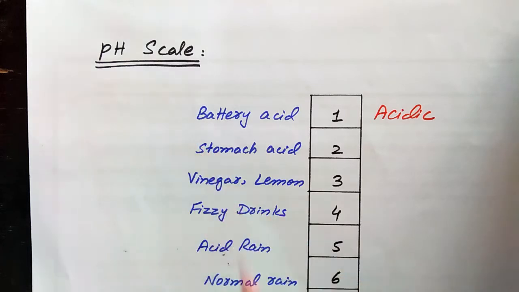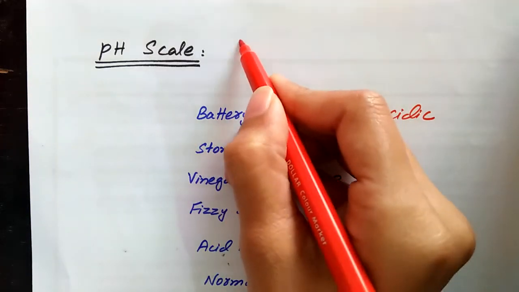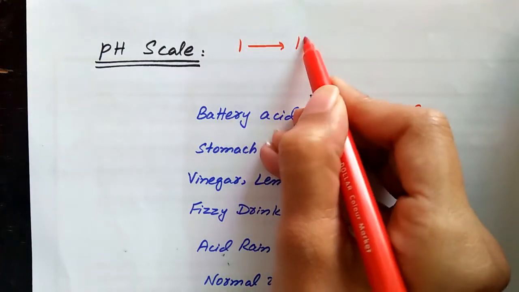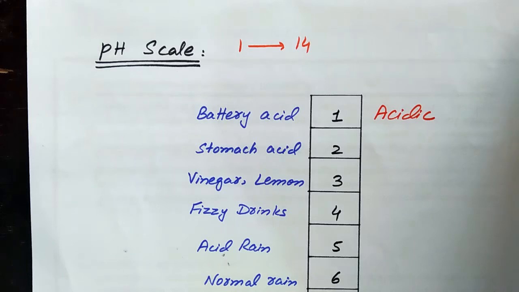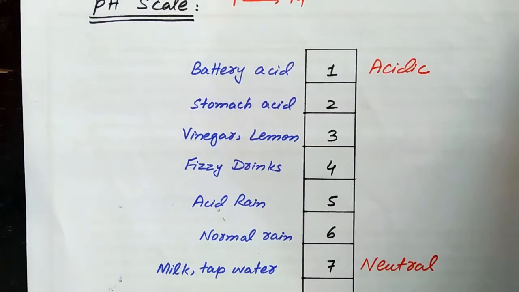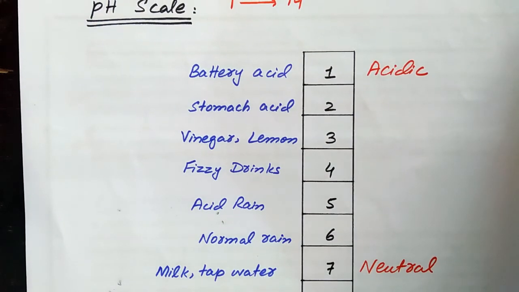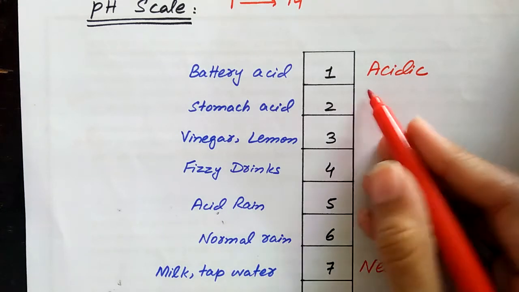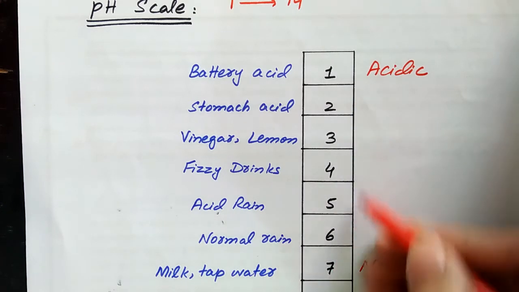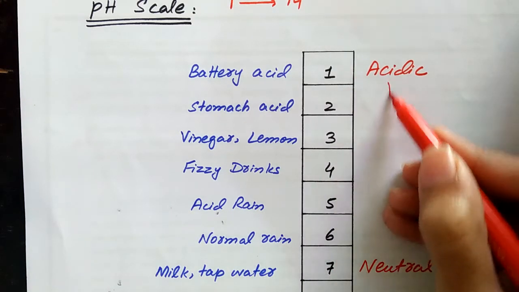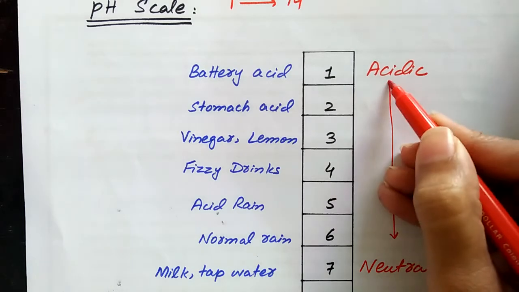In the pH scale, the numbers vary from 1 to 14. Acids are normally less than 7. A number less than 7 indicates the substance is acidic in nature.